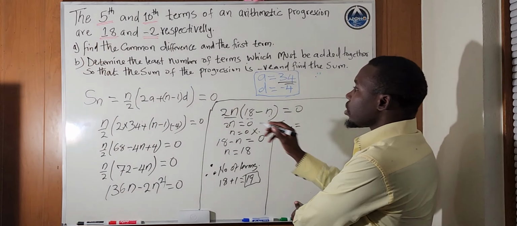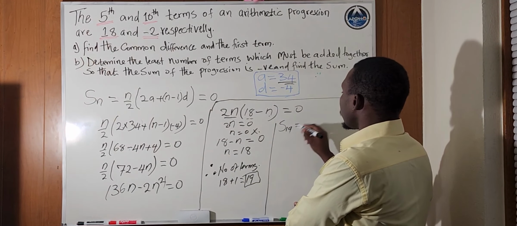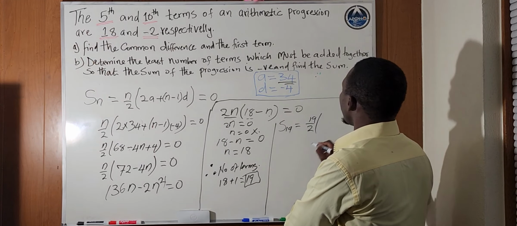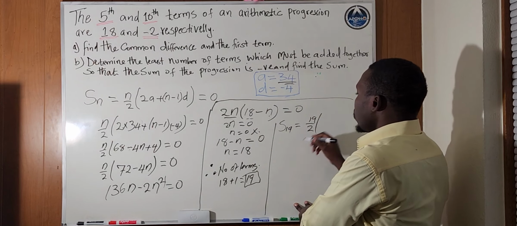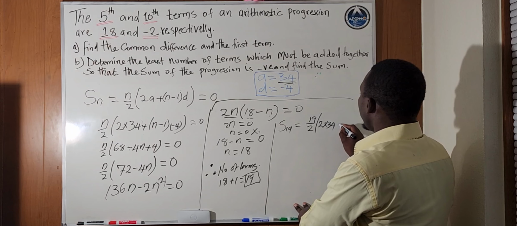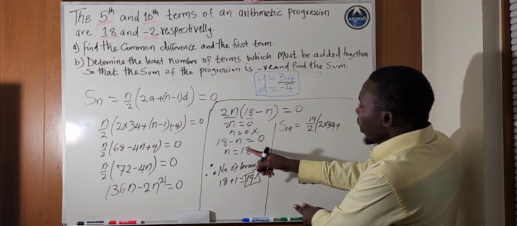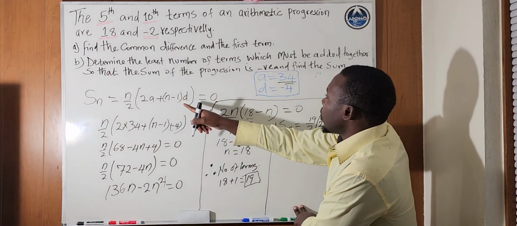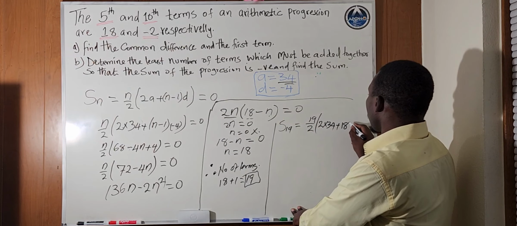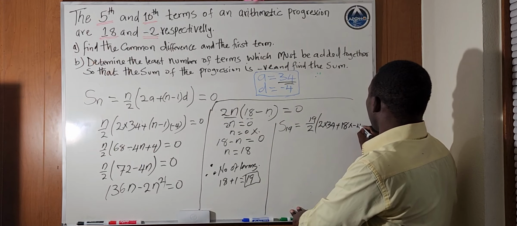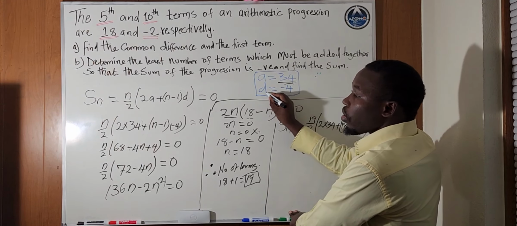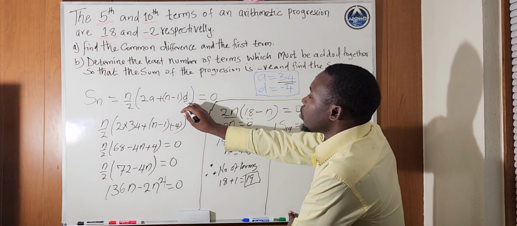Our n now is 19 over 2 into our first term, which is 34 and not changing, so 2 times 34, plus n minus 1, 19 minus 1, which is 18, times minus 4. Minus 4 is the common difference we substitute here.